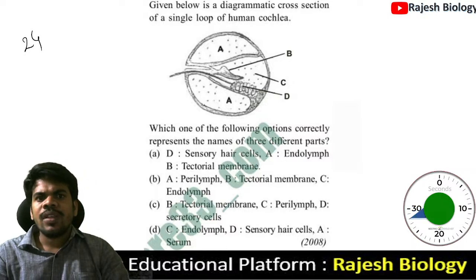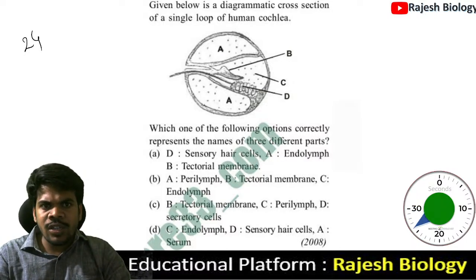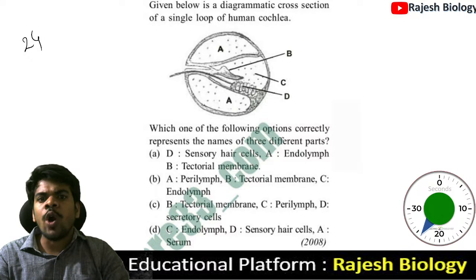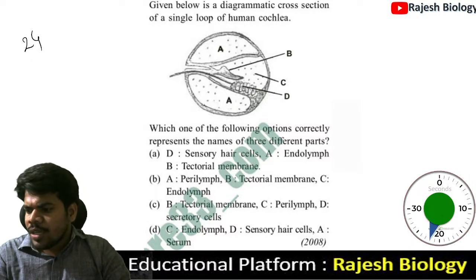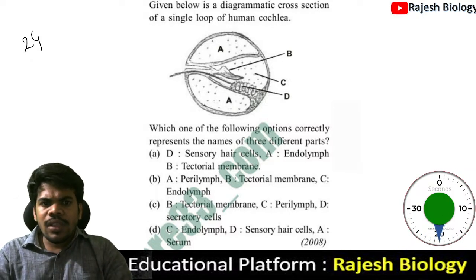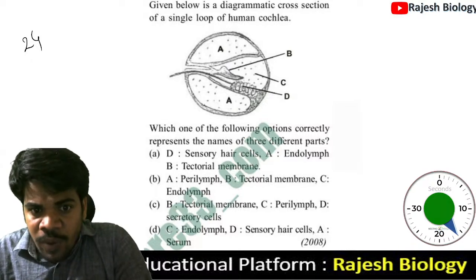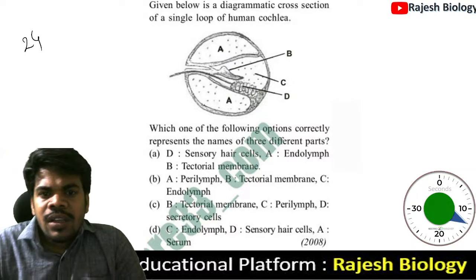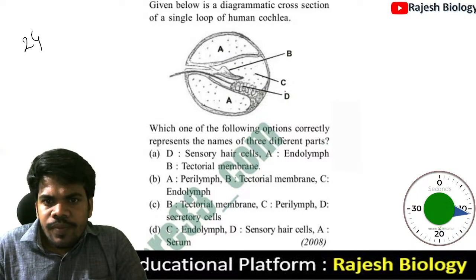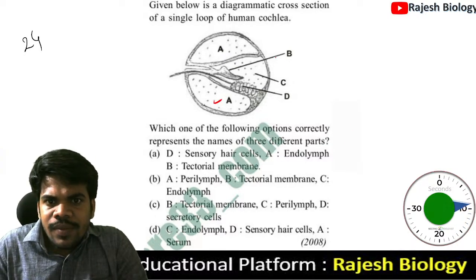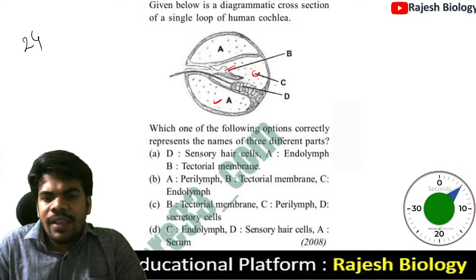24th question. Given below is the diagrammatic cross section of a single loop of human cochlea. Human cochlea structure, you know that. In this, which one of the following options correctly represents the names of three different parts? Here A, B, C, and D. Very easy question.